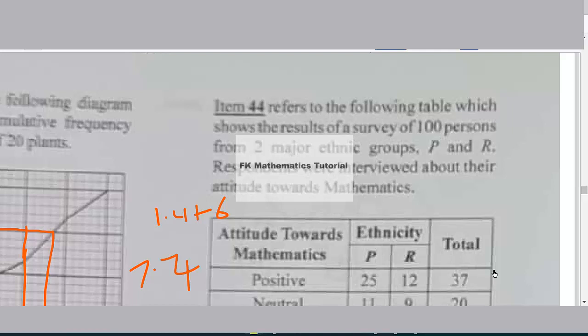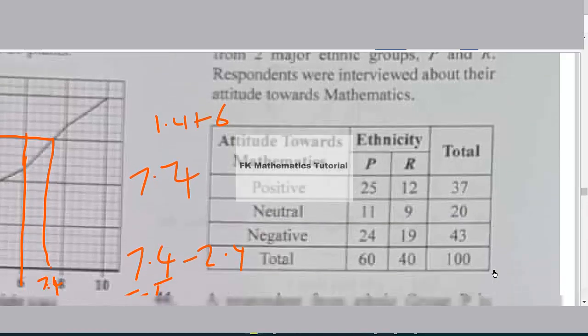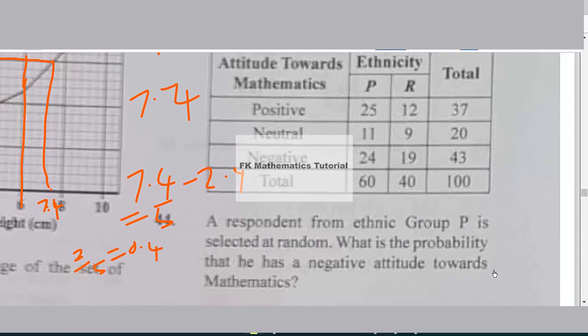So we can see a diagram. A respondent from ethnic group P, so from here, is selected at random. What is the probability that he has a negative attitude towards mathematics?